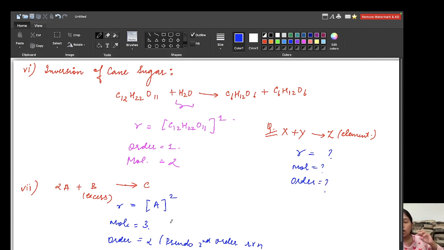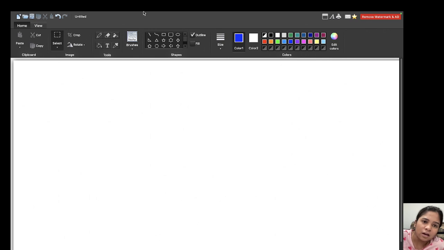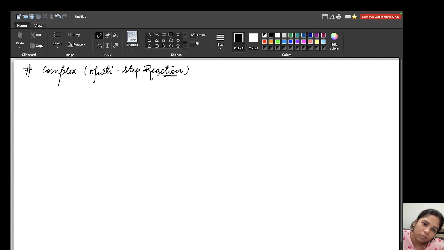So now you know molecularity is only for simple, elementary reactions, right? What happens in complex reactions? What is a complex reaction? Multi-step reactions. For example, NO2 plus CO is giving me NO plus CO2.